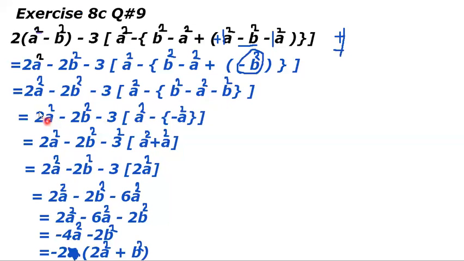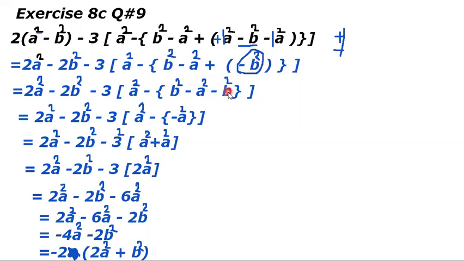Now the next step is 2a square minus 2b square minus 3 a square and minus. Up till this, we are copying down all the terms from the above step. Nothing is changed. Now the change is here, that we have solved it. b square negative a square negative b square.